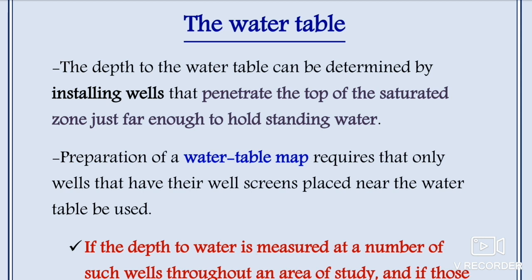The water table is not a horizontal surface, as we have already discussed, and its form and slope vary depending on some important parameters, like the location and area of recharge and discharge, that is, whether it is a mountainous area, a plateau region, or a very planar region.